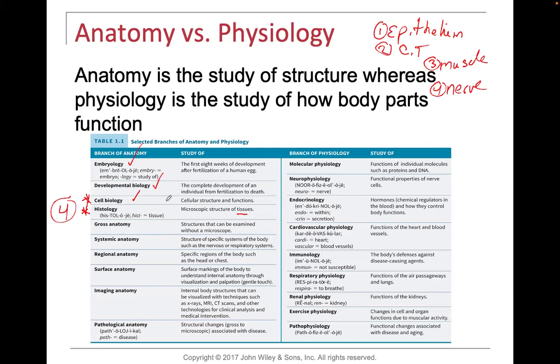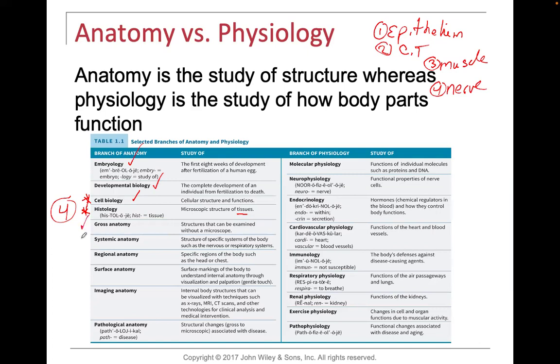So we'll talk about the four types of tissues being epithelial tissue, connective tissue, muscle tissue, and nerve tissue. And this is going to take about a week and a half to 2 weeks to go through that information. So cells come together and make tissues.